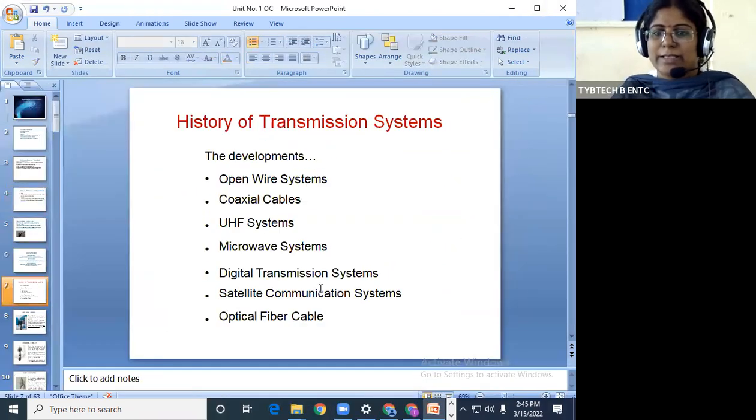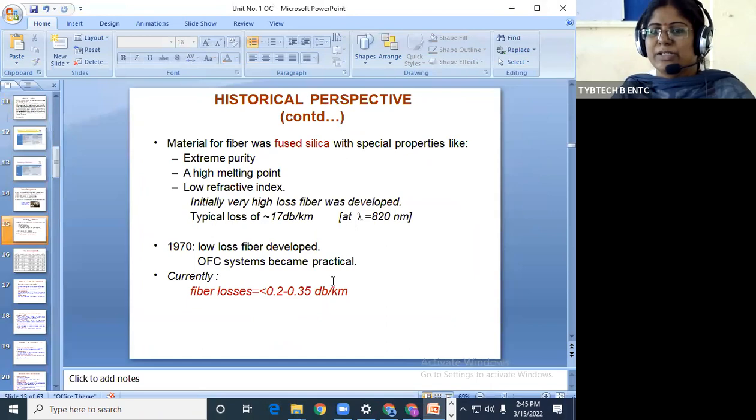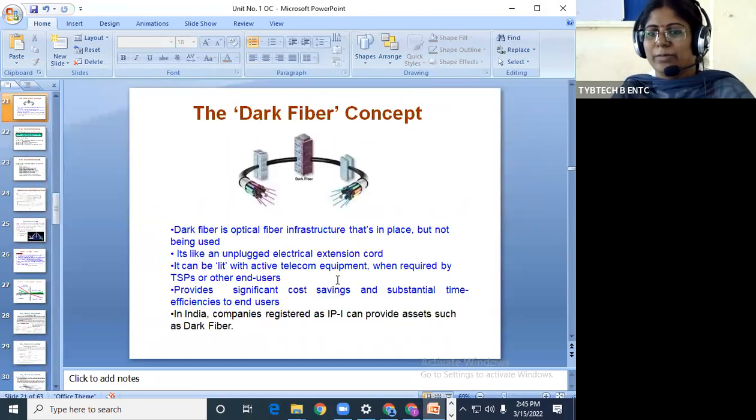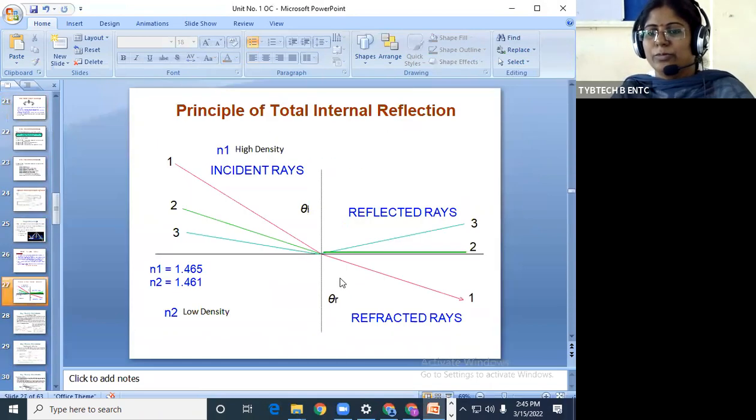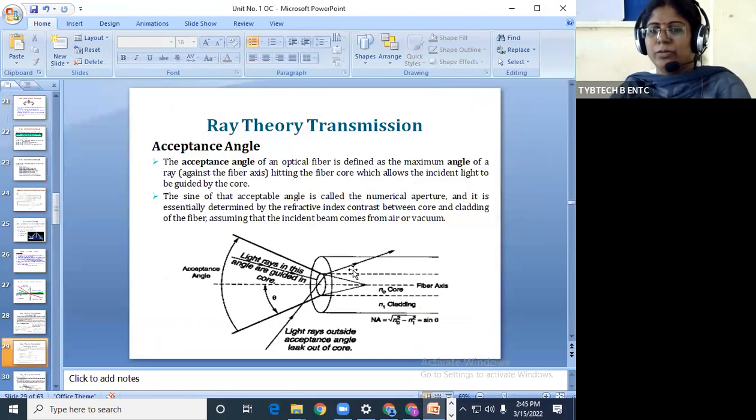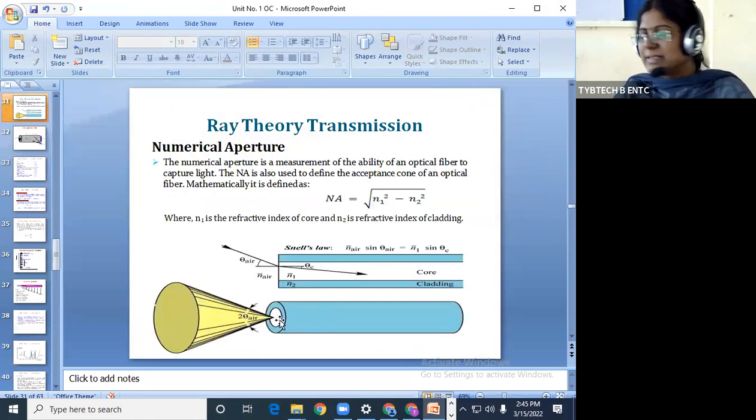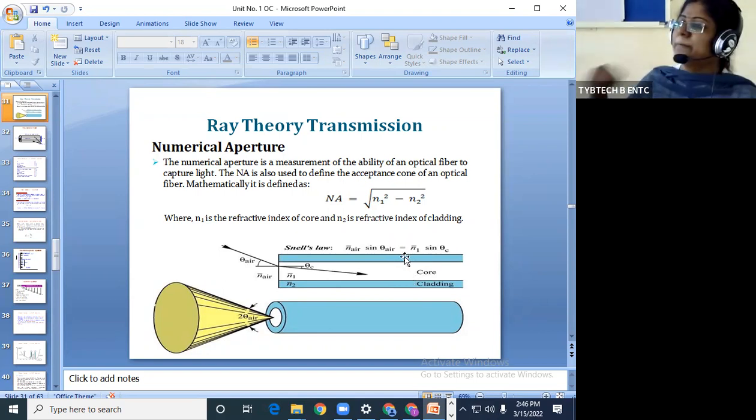Here you can see I have shown various pictures of the optical fiber cable. First understand the front view and back side view. This is the side view. Here at the center is the core, and in the middle is the axis, and again the core, surrounded by cladding.